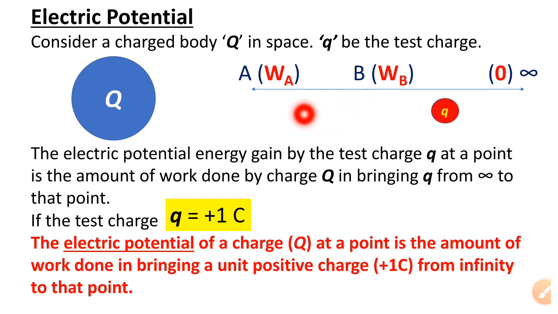At different points, this charge q acquires a different amount of energy, so we will say that this q possesses a different potential at the point A, at the point B, at the point C, or anywhere like that. At any point, the potential is given as the amount of work done in bringing 1 coulomb of charge from infinity to that point. This is what we call the potential.